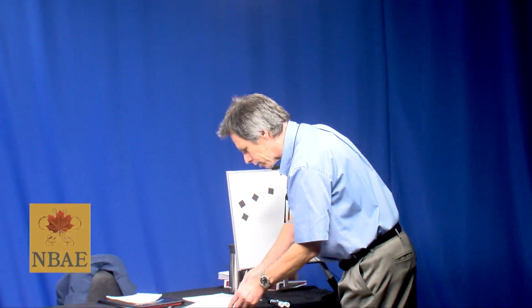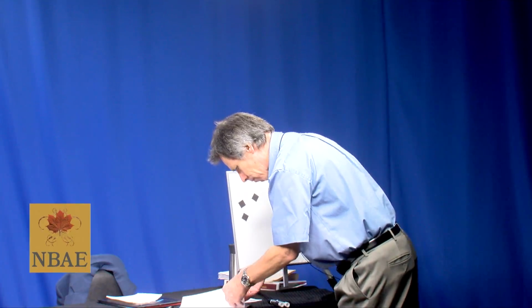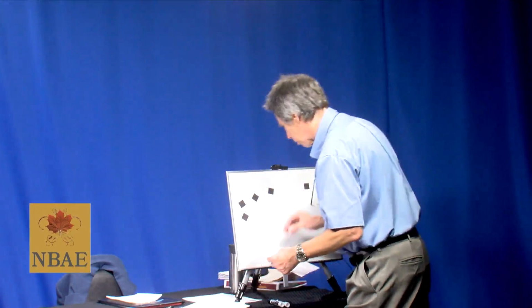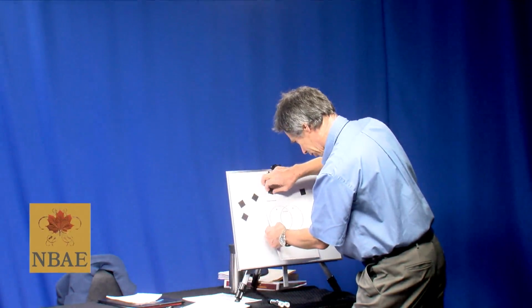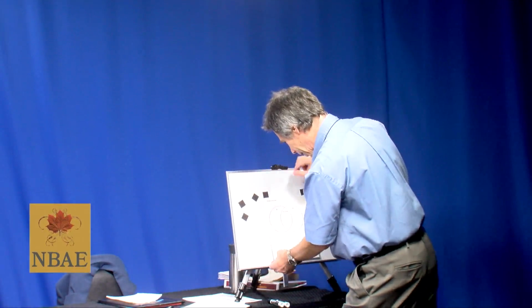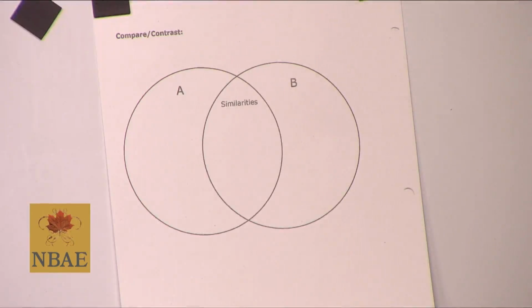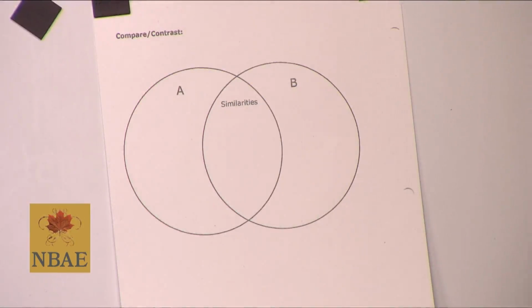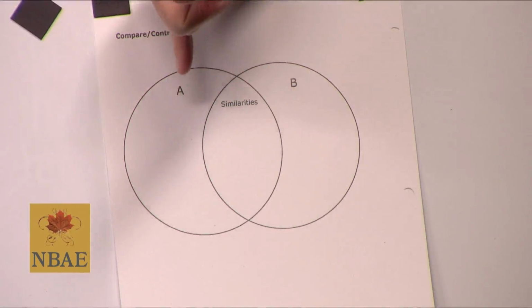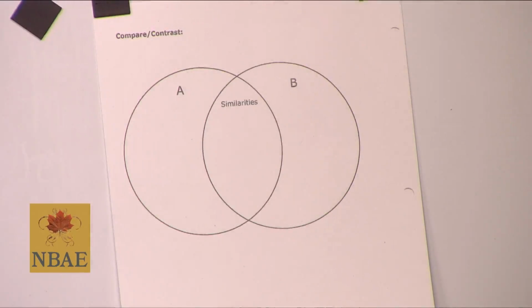And then we talked a little bit about the Venn diagram, going back to my days of philosophy. And Venn diagrams are designed so that you have A side, B side, and the middle. And as I said, you might put the differences between apples and bananas on here.